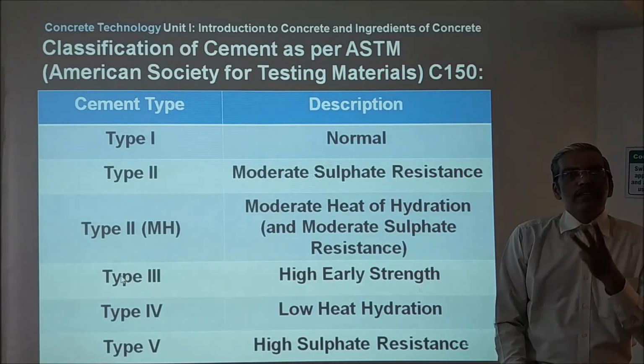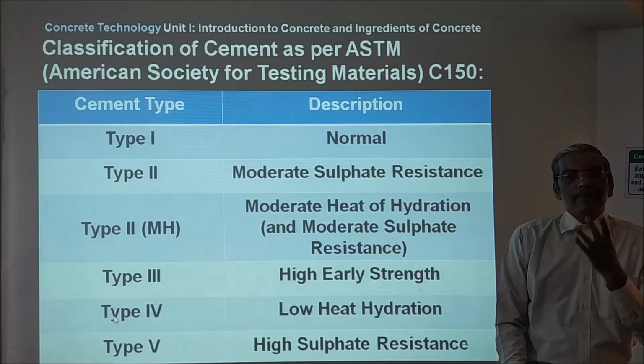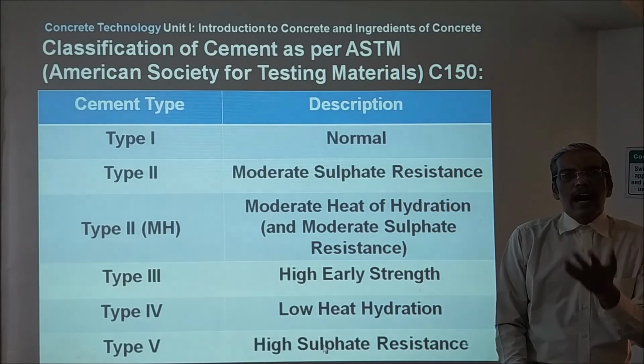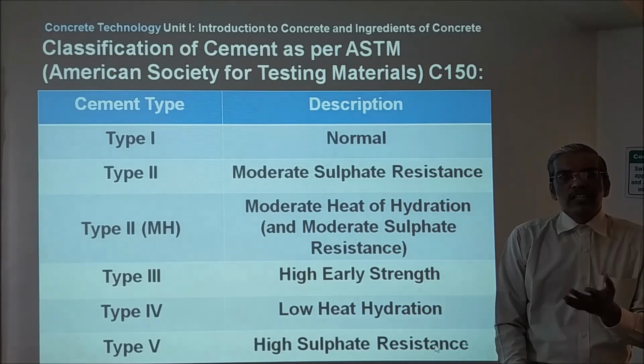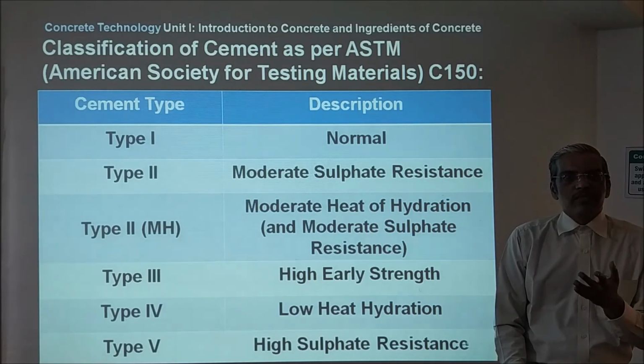Then third is the cement type 3, that is high early strength. Next, cement type 4, low heat of hydration, and cement type 5 is the high sulfate resistance. These are the classification of the cement as per ASTM, that is American Society for Testing of Materials.